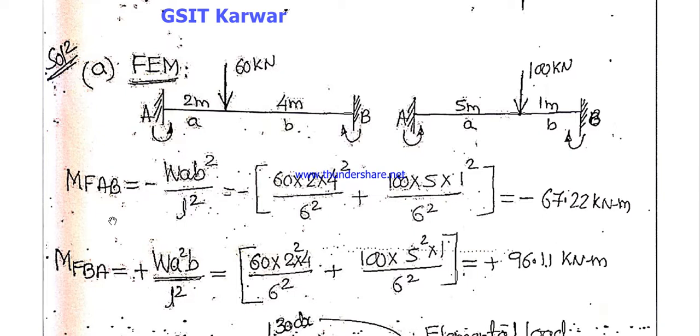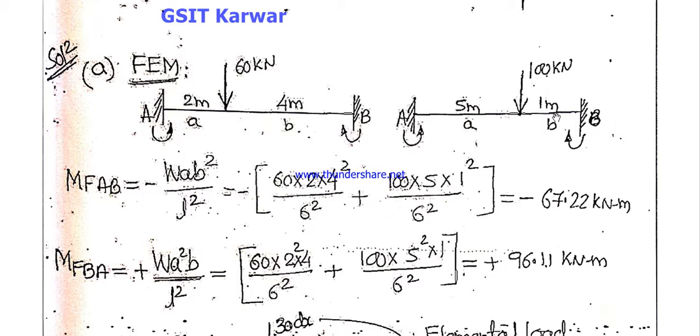So using this fixed end moment formula, we can substitute the data. W is the given point load, 60 kilonewton, and a is the length from support A to the point load, that is 2 meter, and b is 4 meter, and L is the total length of span AB, that is 6 meter.